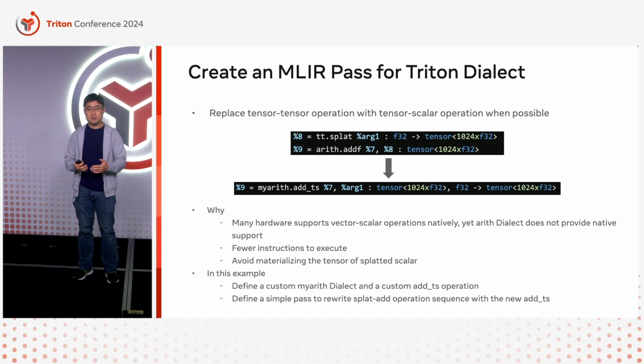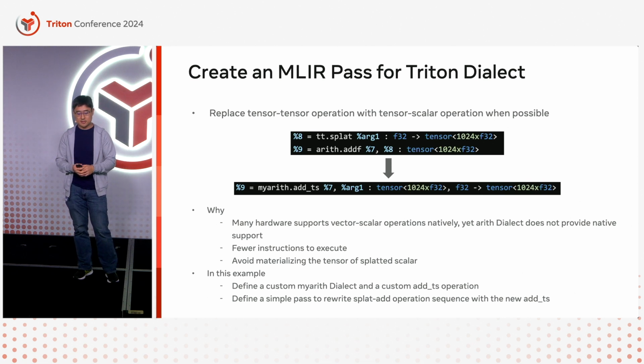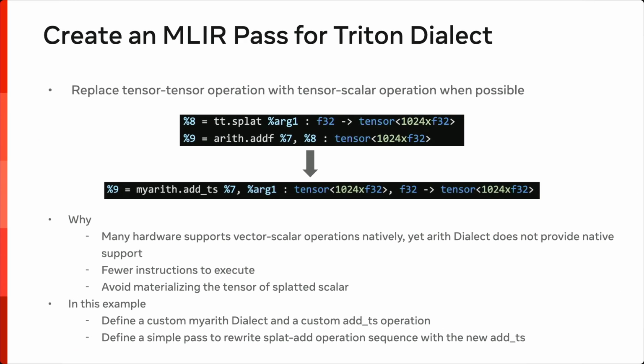So now let's dive into the main example of this tutorial. With all the background in mind, what we want to use as an example in the tutorial is to create a pass that replaces tensor operations with tensor scalar operations when possible. Specifically, as you may remember from the last slide, we see these repeated operation sequences where we splat a scalar to create a tensor, and then use the splat result to perform an element-wise operation.